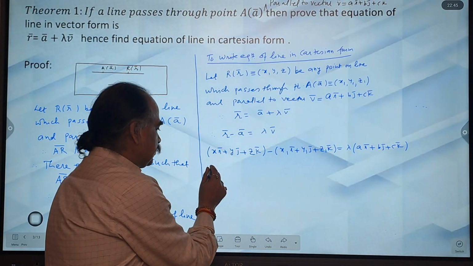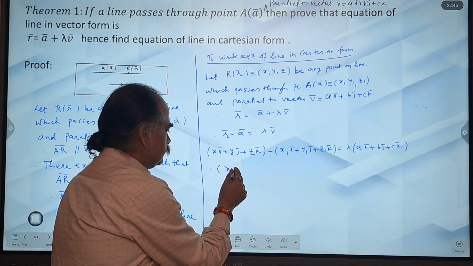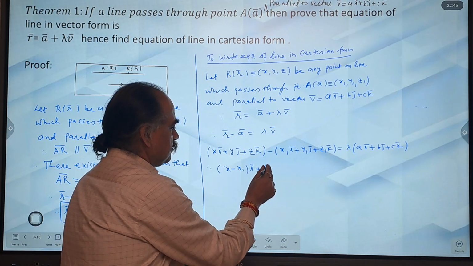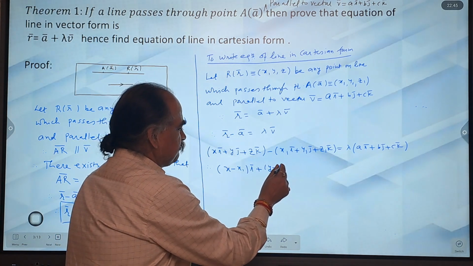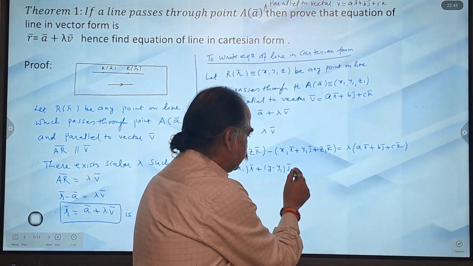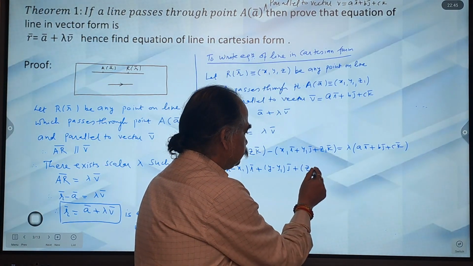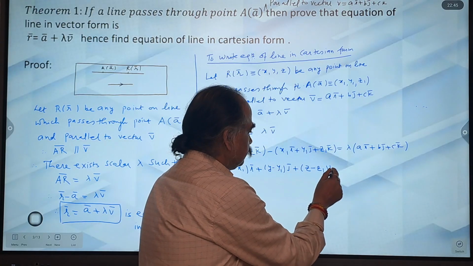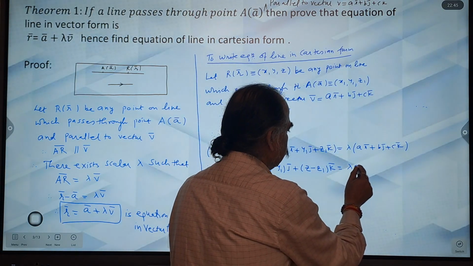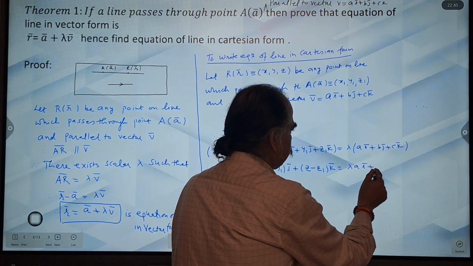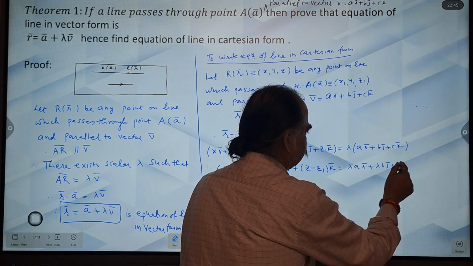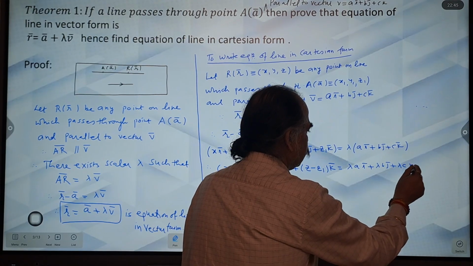Now when you subtract, you will get x minus x1 i bar plus y minus y1 j bar plus z minus z1 k bar is equal to lambda a i bar plus lambda b j bar plus lambda c k bar.